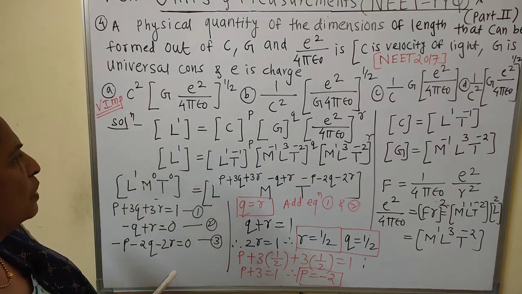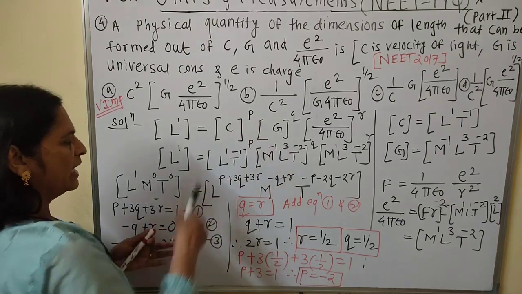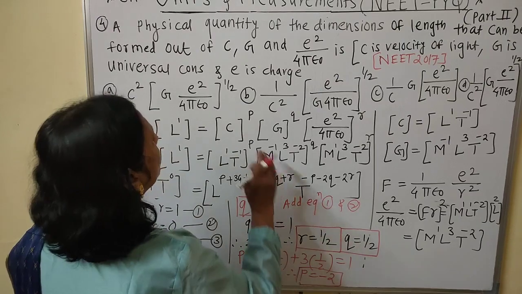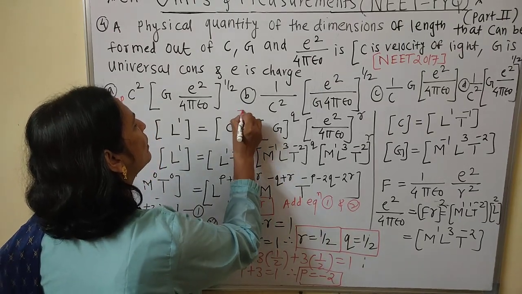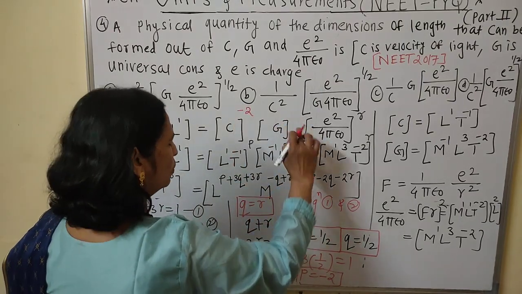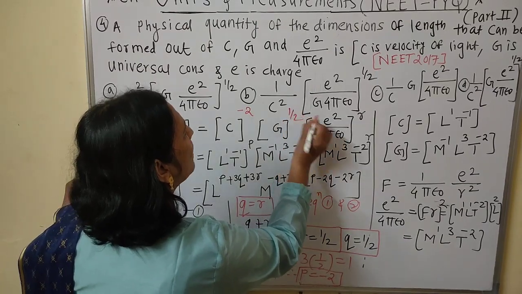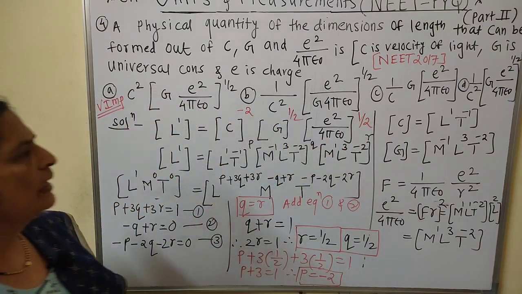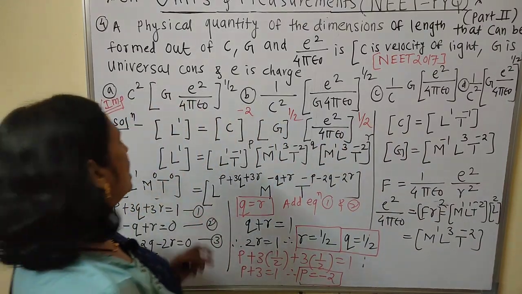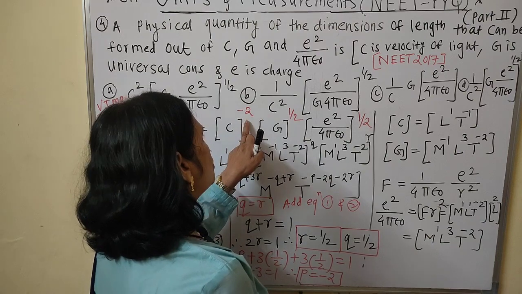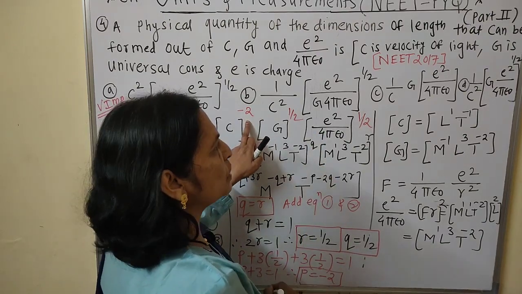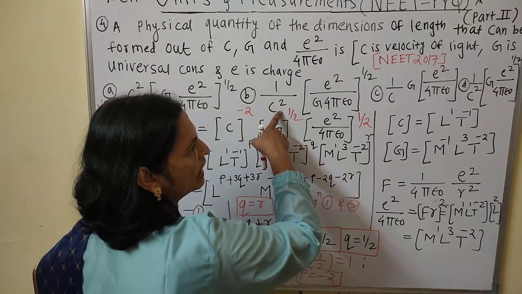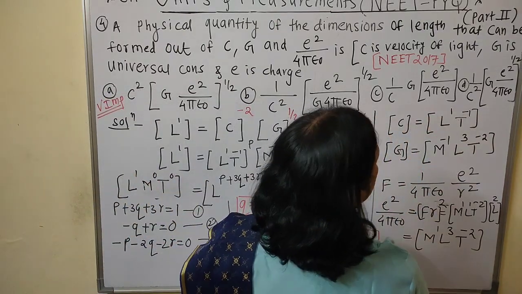Now substitute the value of P equal to minus 2, value of Q equal to 1/2, and value of R equal to 1/2. And therefore we can write C raised to minus 2, that is nothing but 1 by C square. Where is 1 by C square? In this option 1 by C square is there, and in this option 1 by C square is there.